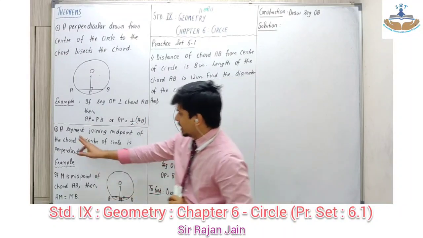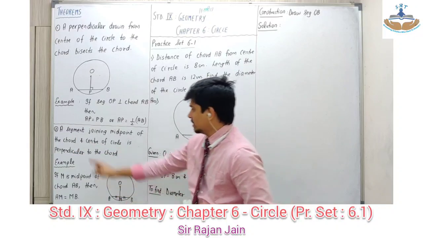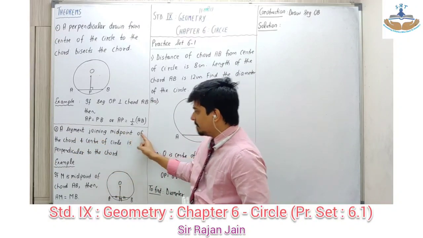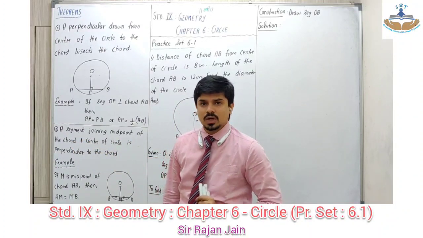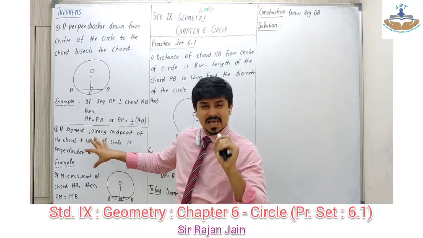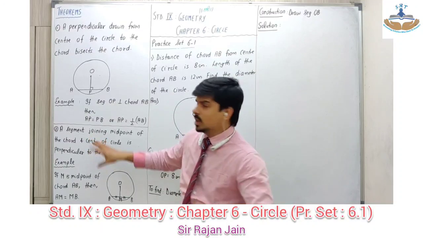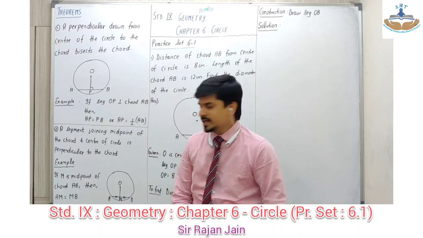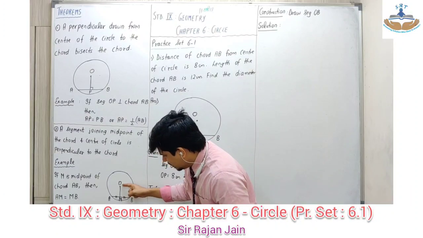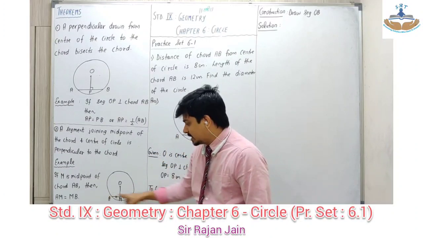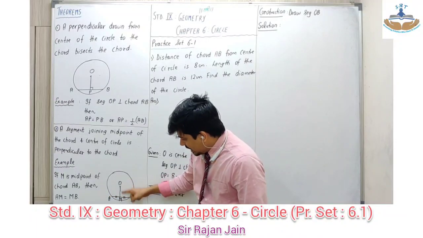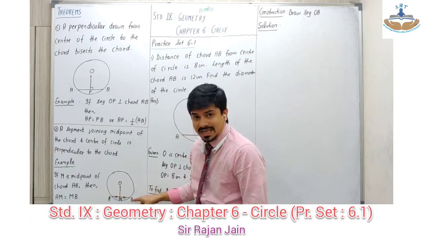Is that clear? Okay. Now look at the second theorem. A segment joining midpoint of chord and center of circle is perpendicular to the chord. Actually, this theorem is exactly opposite or converse of this particular theorem. It says what? From the center, if I have a segment which connects to the midpoint of that chord, okay, means M is midpoint of chord AB.